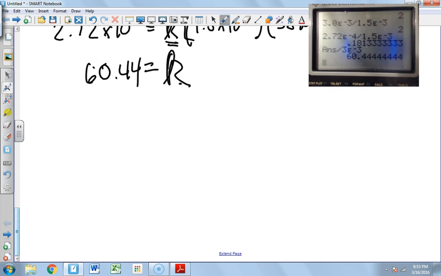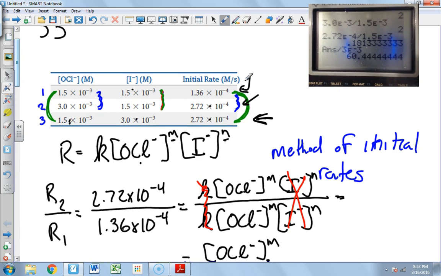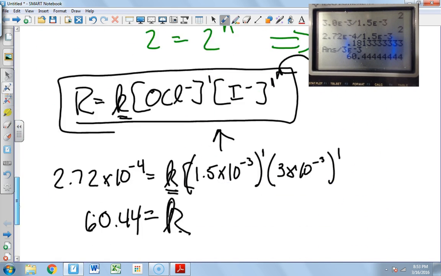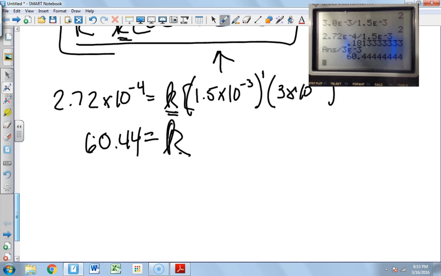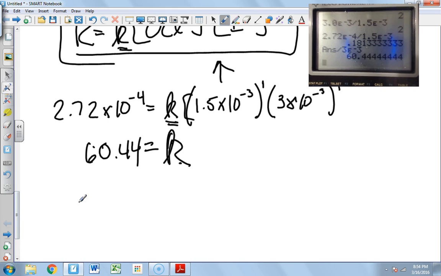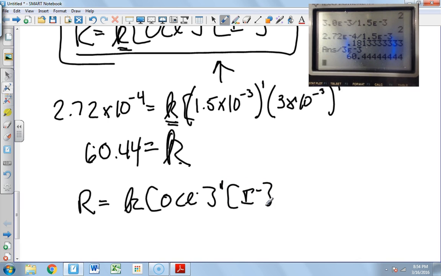In order to figure out the unit, we have to go up here and notice this is molar per second. Okay, so that's fine. To find the unit, we can use the rate law, R equals K times the concentration of OCl minus to the first times the concentration of I minus to the first.